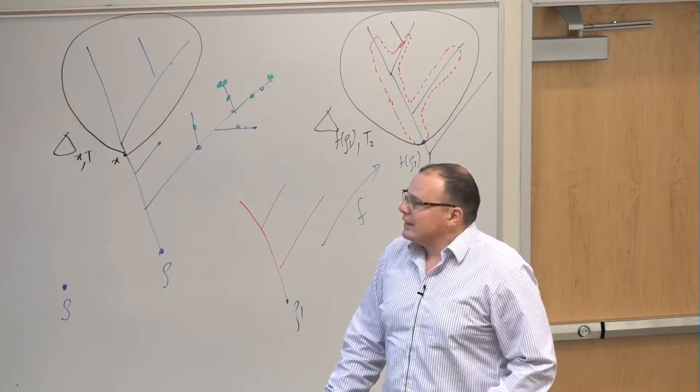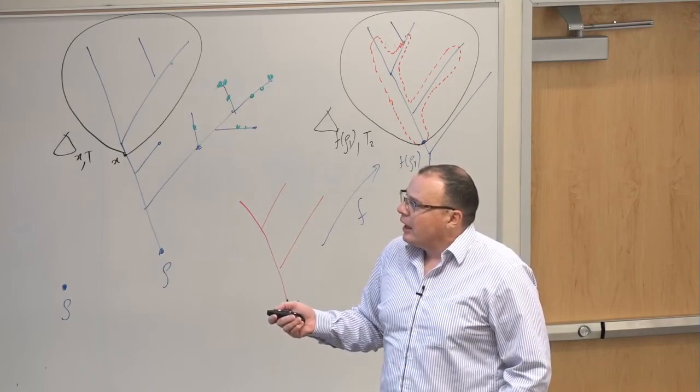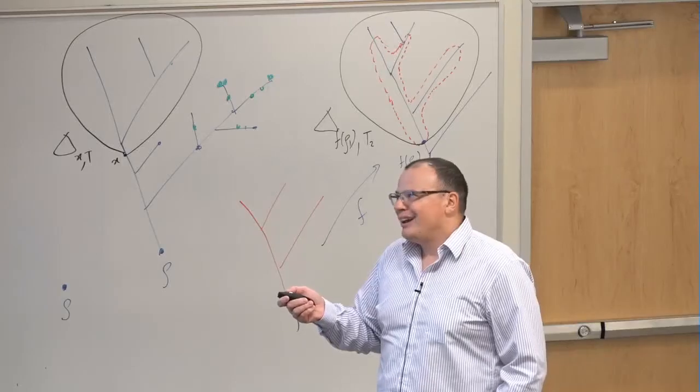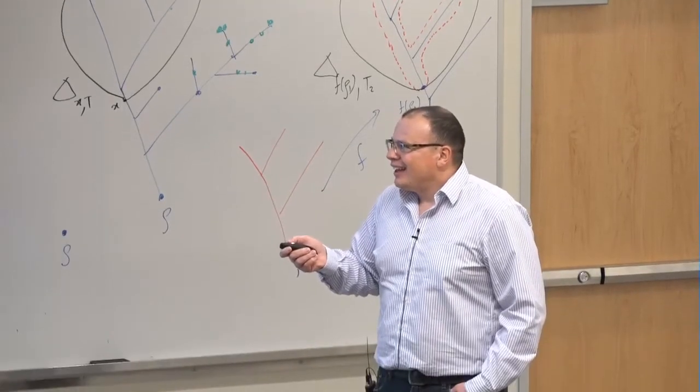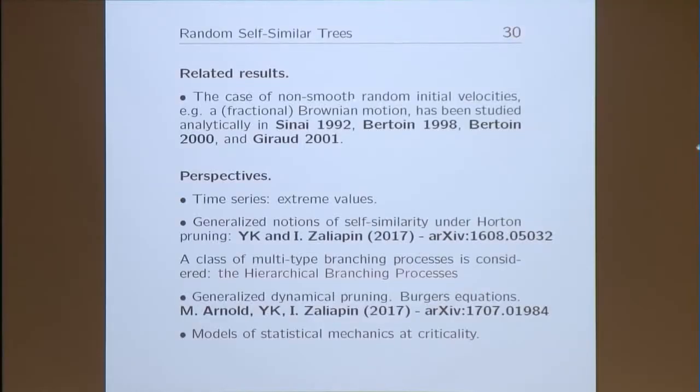So what are the related results? Our result has some similarity, although it's different. We tried to regenerate some of the known results from this one. But what was it? Say Sinai's work, 1992 work.